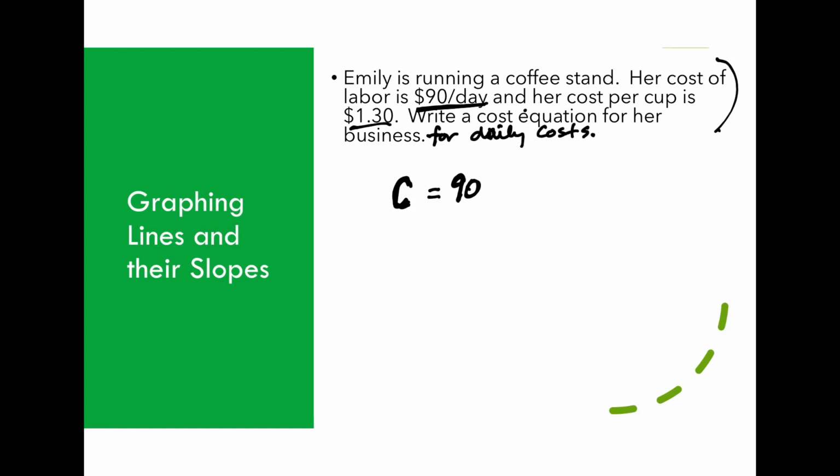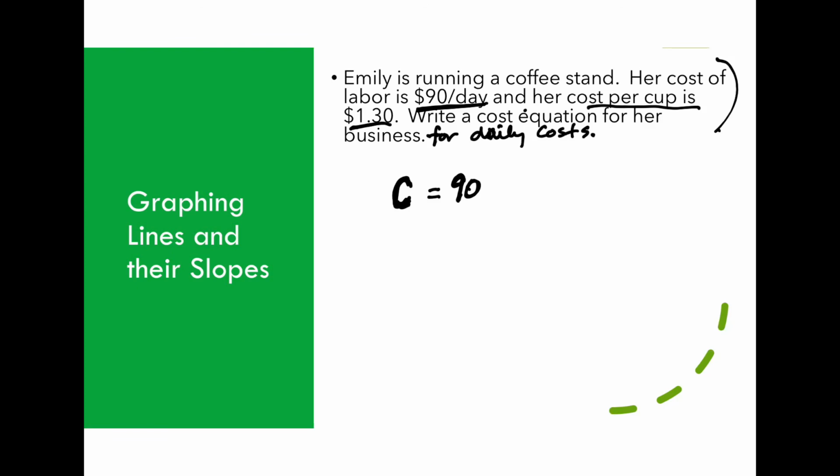So this is the part that's going to vary each day, right? Depending on how many cups she sells, she's going to have a certain cost that goes with that, the products that she needs to buy to make the coffee. So this is the non-fixed part, right? So this is the variable, and I'm going to put C as coffee, or I'm sorry, cost.